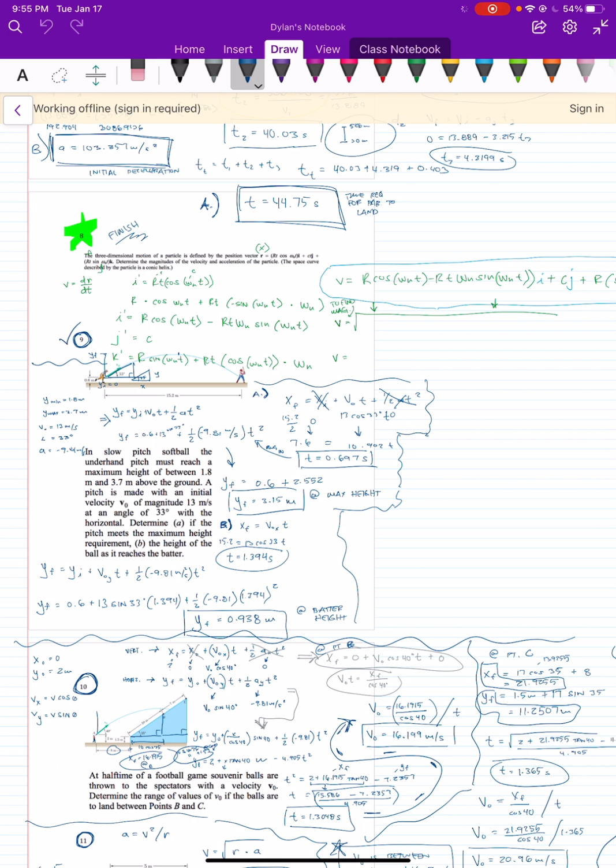And then I was able to use that to find, yes, the Y final. I found out that that was in between the pitch height limitations between 1.8 and 3.7.